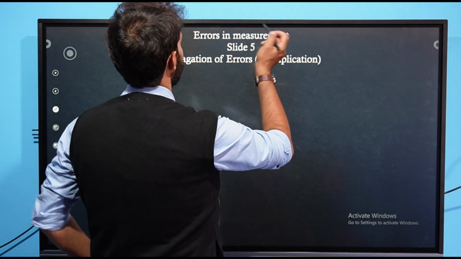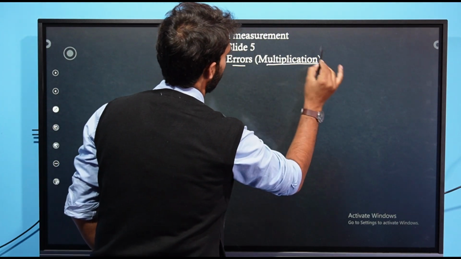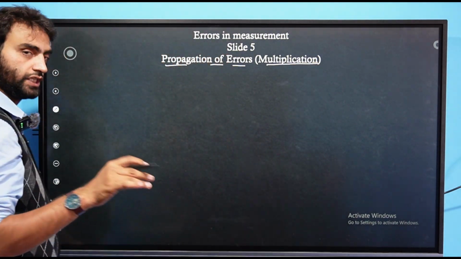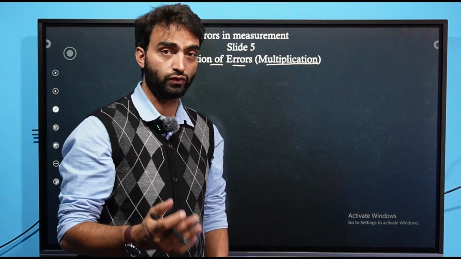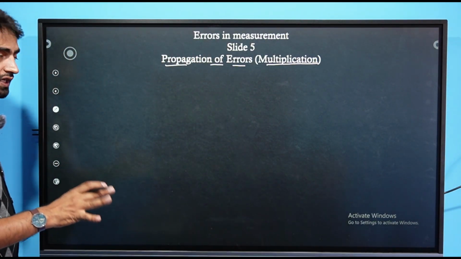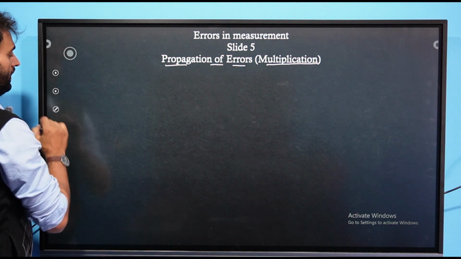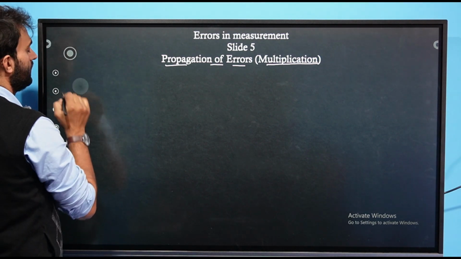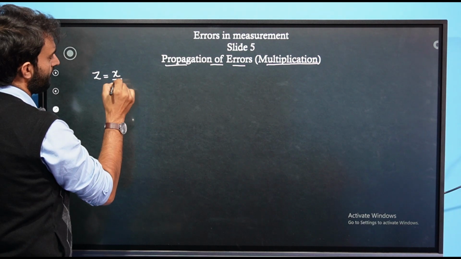Now, in this slide, we will be studying propagation of errors in case of multiplication. So, just put down your copy and pen and just look at the board and understand what is happening over here, because you need to understand the actual process. So, let us suppose we have got a function z is equal to x divided by y.